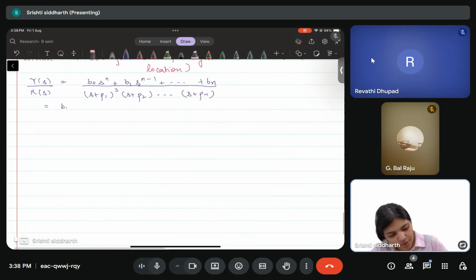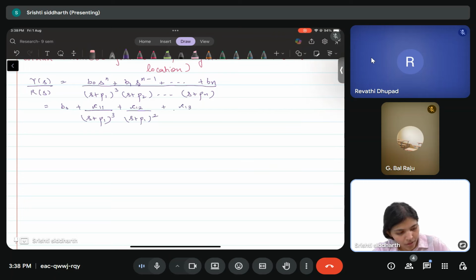This is going to be b0. In the case of distinct eigenvalues, we simply wrote c1 over s plus p1 till cn over s plus pn. So for the repeated eigenvalue at p1, this would be c11 over s plus p1 cubed. c12 would be over s plus p1 squared, and c13 would be over s plus p1.